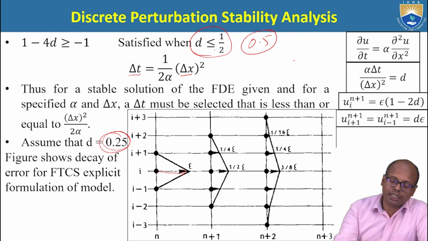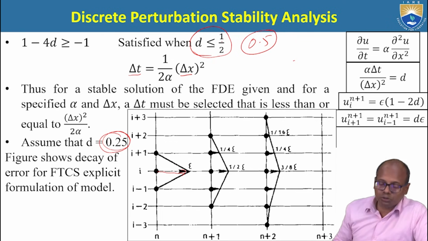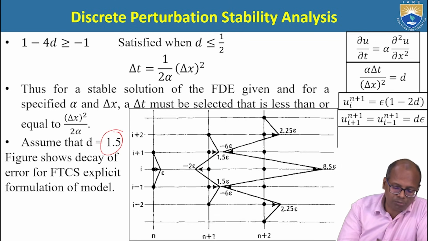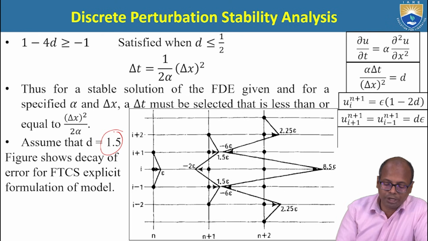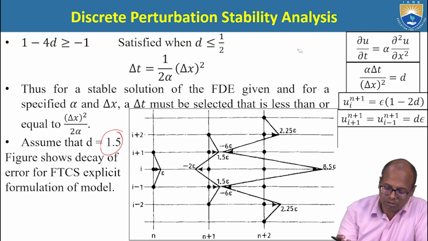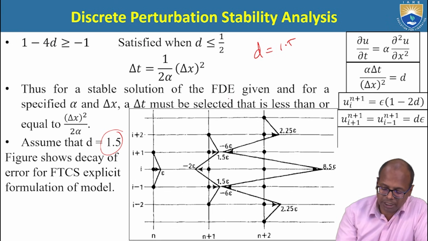Say suppose I take a value greater than 0.5, so I am taking a value of 1.5. If I take 1.5, what will be the delta t? So d is equal to 1.5: alpha delta t by delta x square is equal to 1.5.